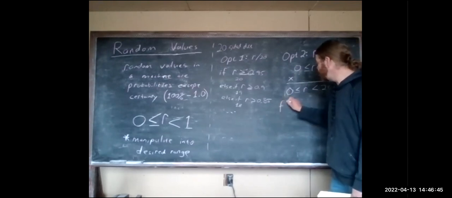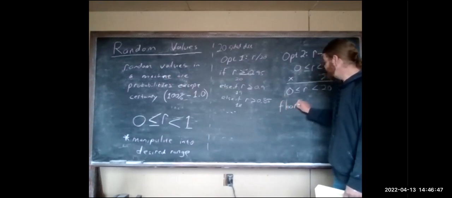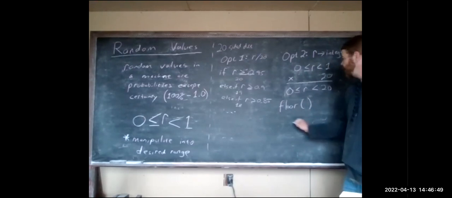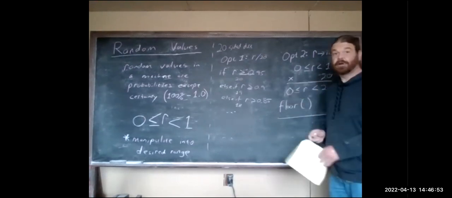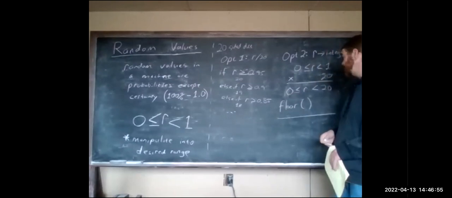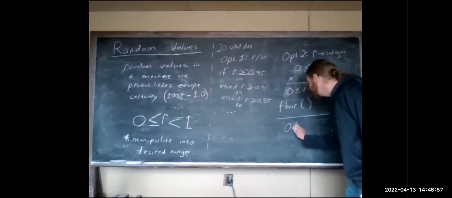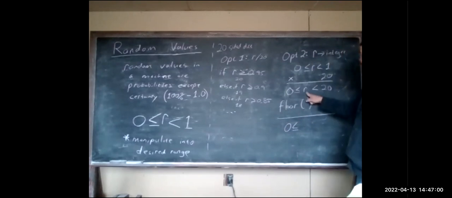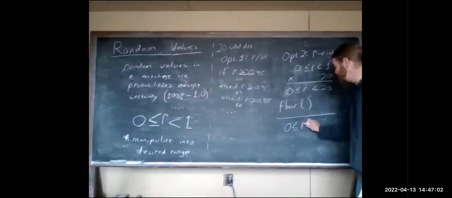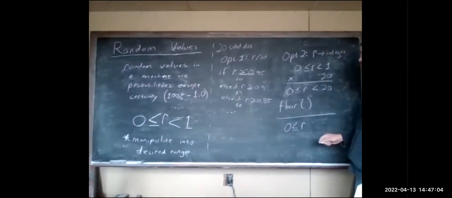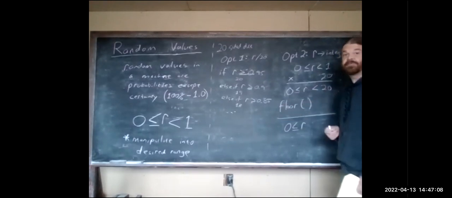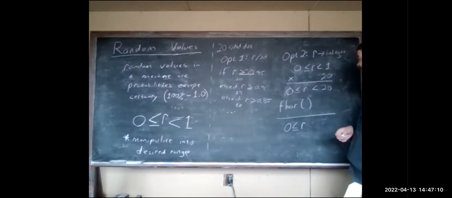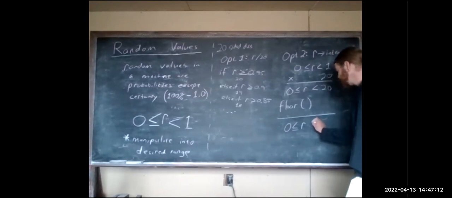Then what we can do is we floor that number. 0 is already dropped down, truncated down to the next lowest integer, so that's still a 0. The random number is still a random number in there. It's just an integer now, because floor cuts off all the floating point part and just leaves the integer section behind.